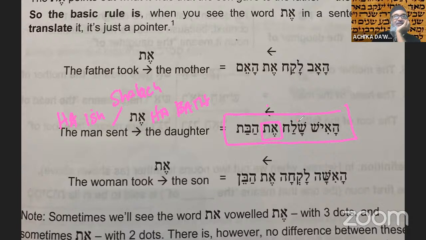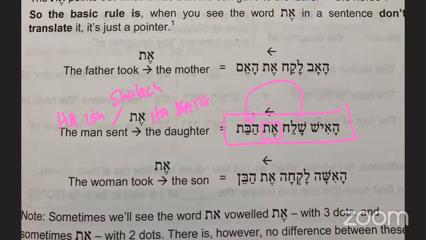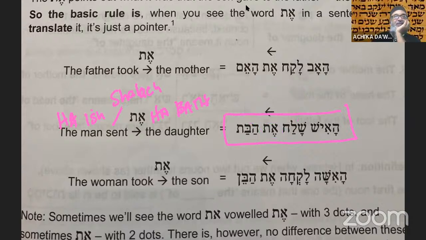Who did the man send? The daughter, the habat. Okay. The habat is the daughter. Daughter, as you know, they would have it in Hebrew as bat, like bath, but it's bat. You can remember this because daughters and women like to take baths. Okay. So the ha is the, and the ish is the man, the ha'ish, eth, the habat.